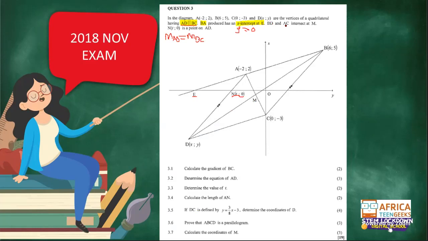Going back to our information, they say BD and AC intersect at point M. So you have BD and AC which intersect. They intersect at point M. What do we know about a point of intersection?